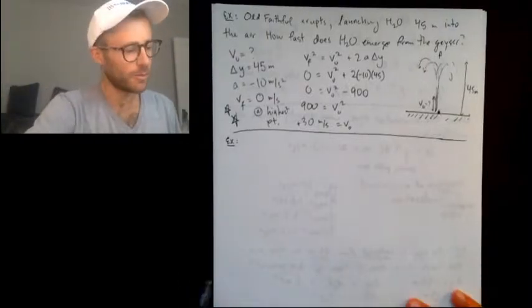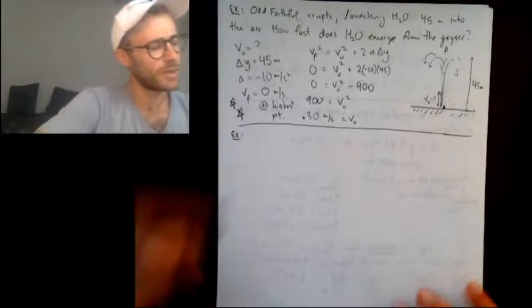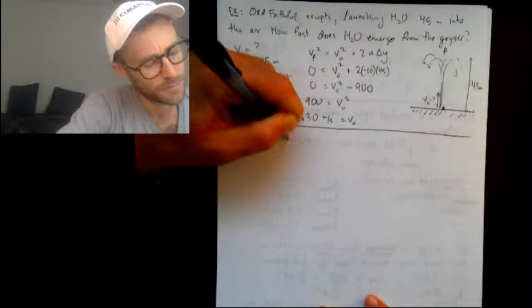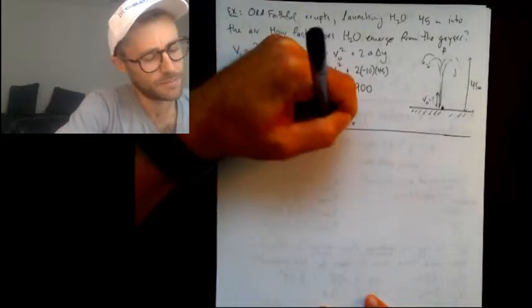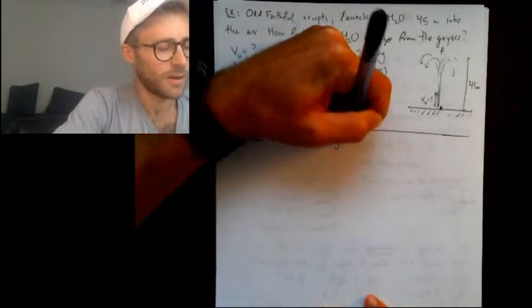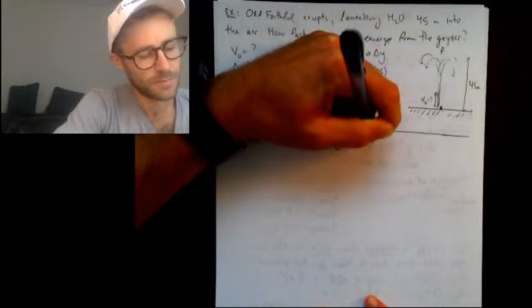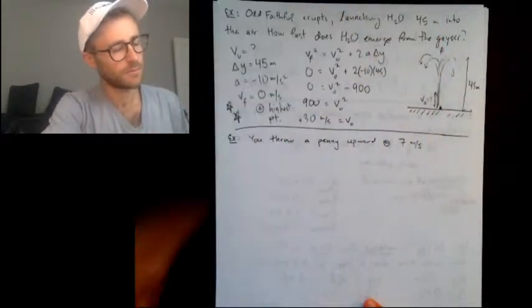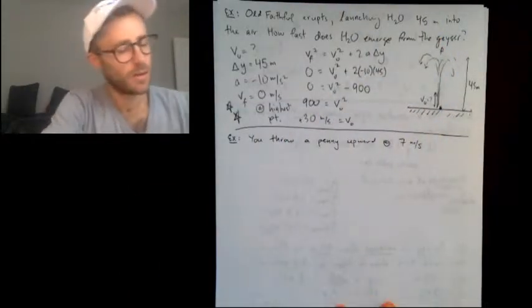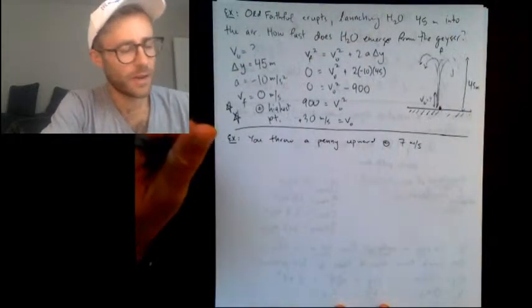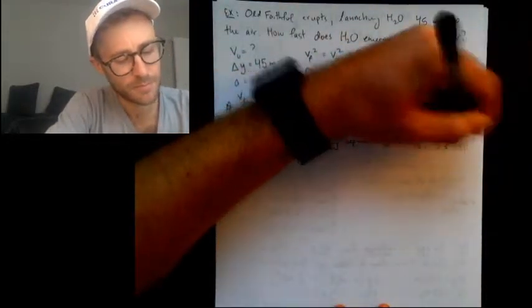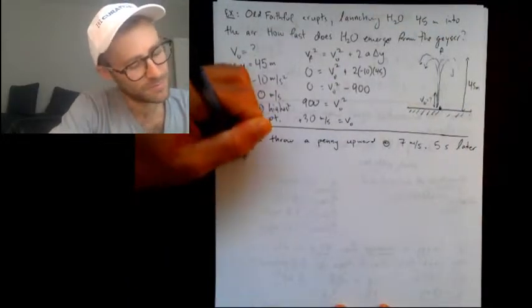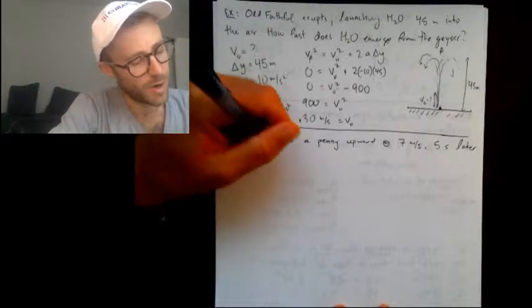Okay, let's go to the next example. You throw a penny upward at 7 meters per second. 5 seconds later, it lands in the bottom of a well.